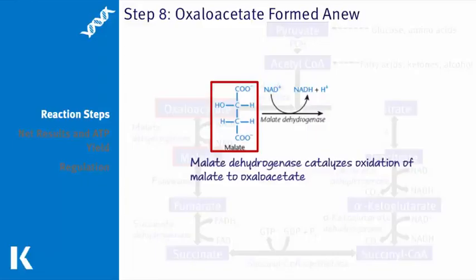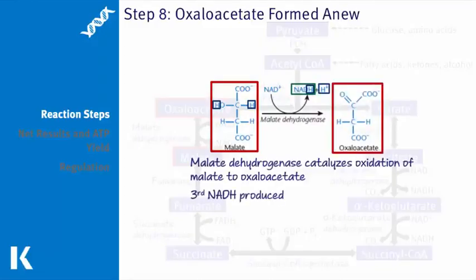But in that shuttle, it can run both forward and backward. In this process, a proton and a hydride ion are liberated from the malate. The hydride ion is accepted by NAD+, making this our third and final NADH produced and fourth energy carrier. At the end of this process, we once again have oxaloacetate in order for the cycle to begin anew.